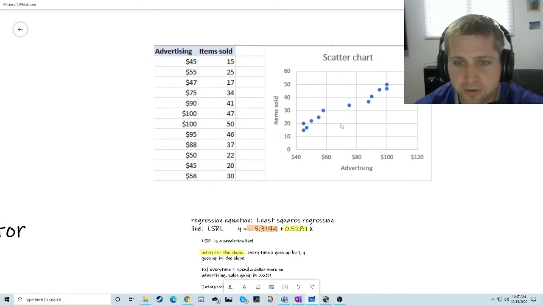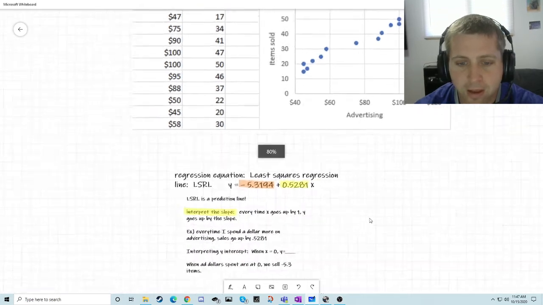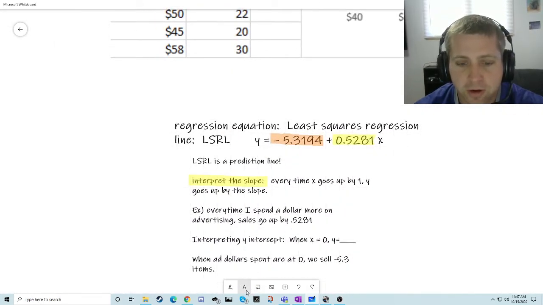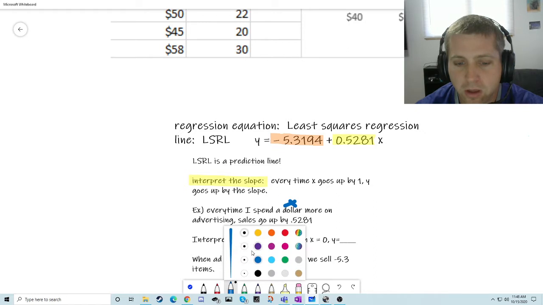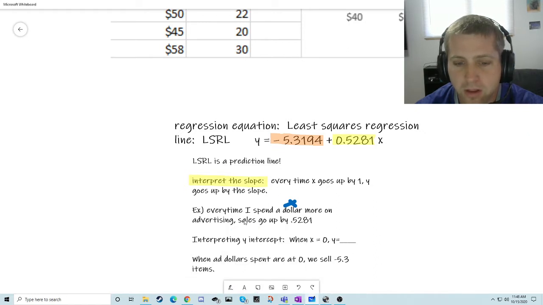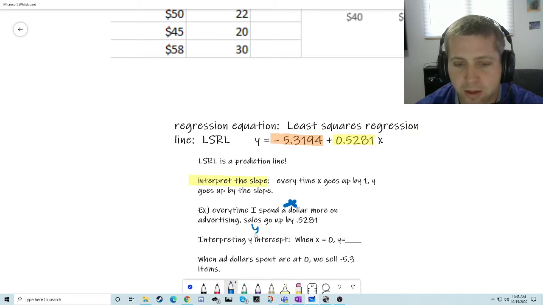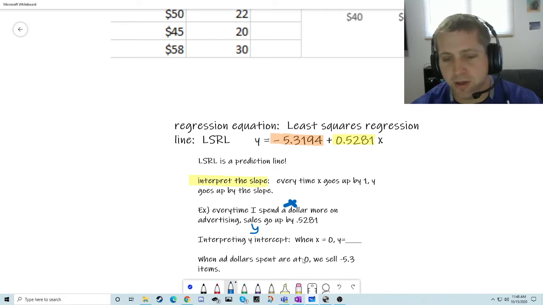If I had a least squares regression line with that equation, I could explain it by saying every time I spend $1 more on advertising, that's x going up by 1, sales go up, that's y, by 0.5281 items.